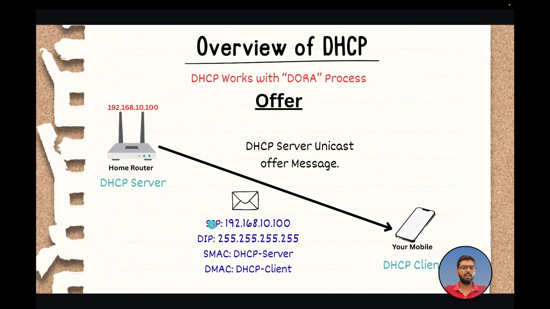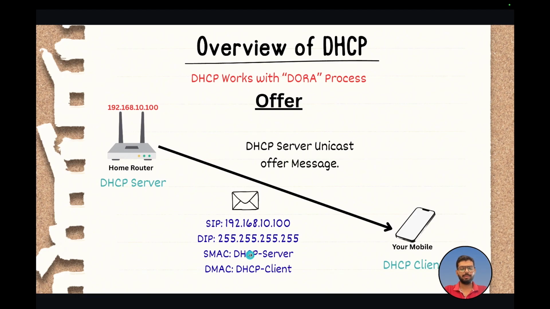But now let's understand just the communication. This packet will have all the information about what IP to be assigned, what the gateway should be, what the DNS should be, and every other thing that is necessary. Let's say source IP will be 192.168.10.100 and destination will be broadcast. Source IP will be the home router's IP, and destination will be broadcast, because the DHCP server also doesn't know as of now where your phone is, because your phone doesn't have any IP address.